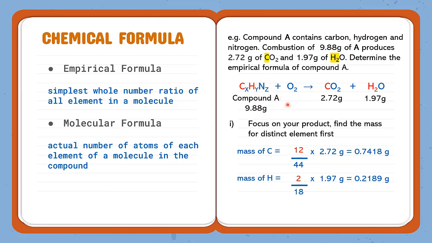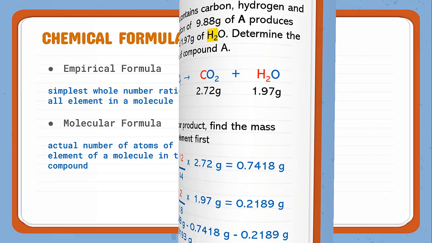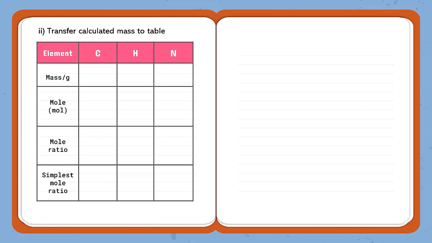We clearly say that we want to know the element in compound A, so always relate it to compound A. So you already have the mass of carbon, you already have the mass of hydrogen. To get the mass of nitrogen, simply subtract the mass of carbon and mass of hydrogen from the mass of compound A, 9.88. So you're going to get your mass of nitrogen, 8.9193 gram.